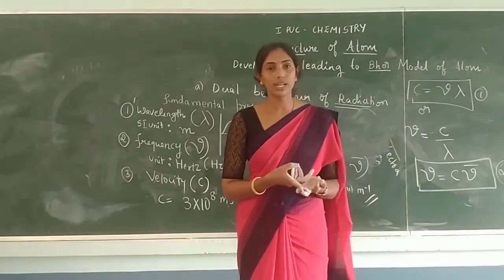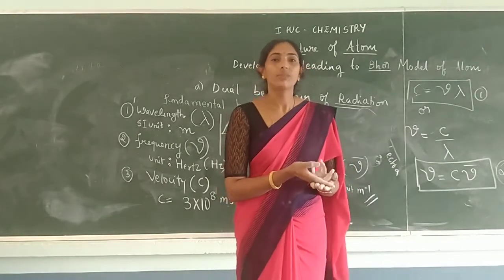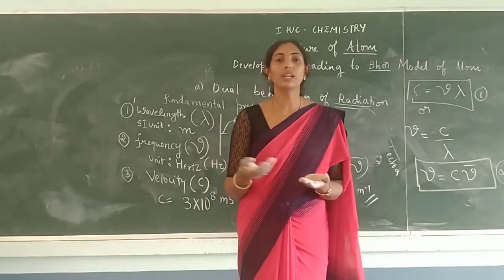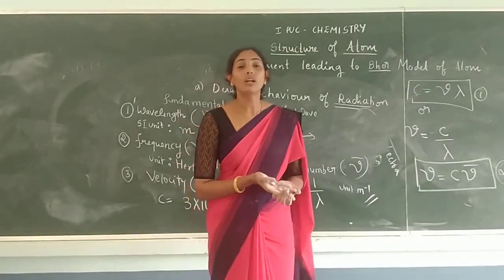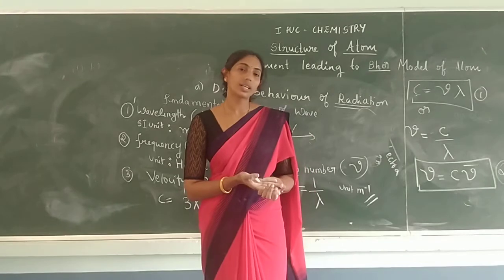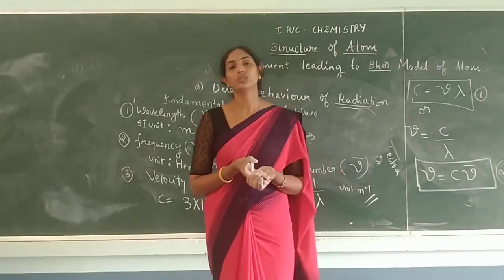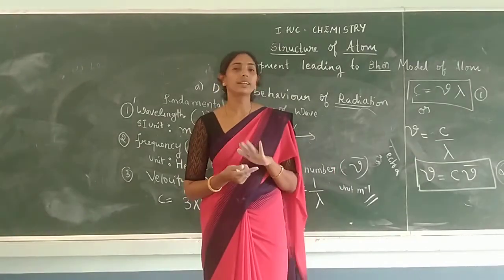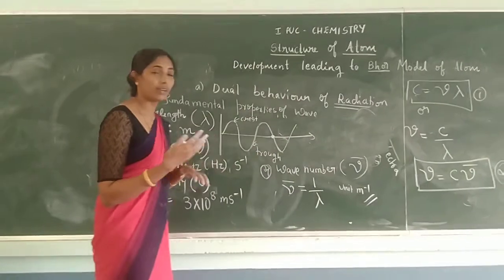Okay, infrared radiation. Visible, because of the visible rays, we can see the object, we can clearly see because of the visible region. Then ultraviolet rays, UV rays, used in cancer therapy, or to check fake currency. And X-rays and gamma rays. So that is the arrangement of different radiations.